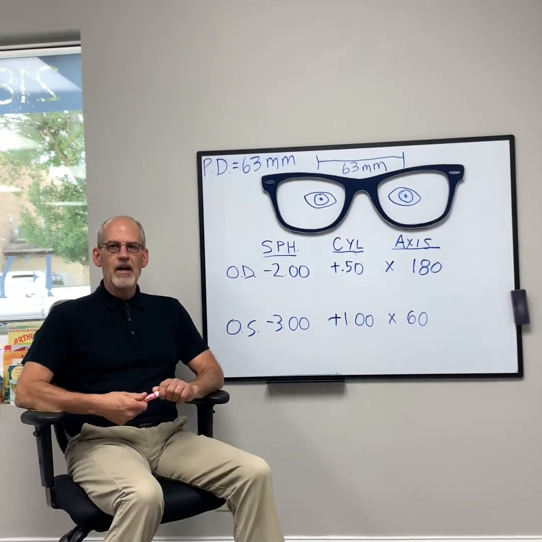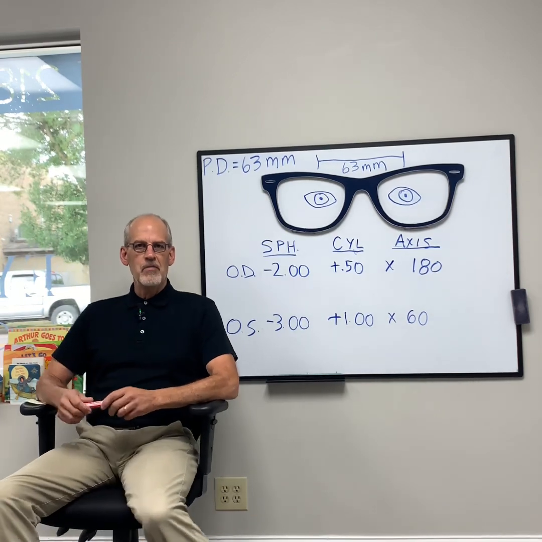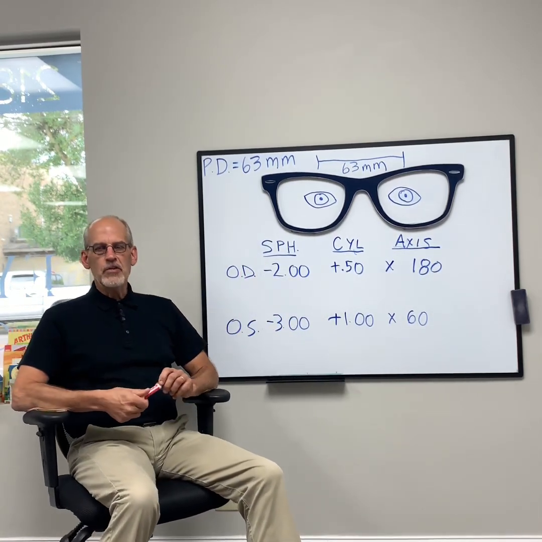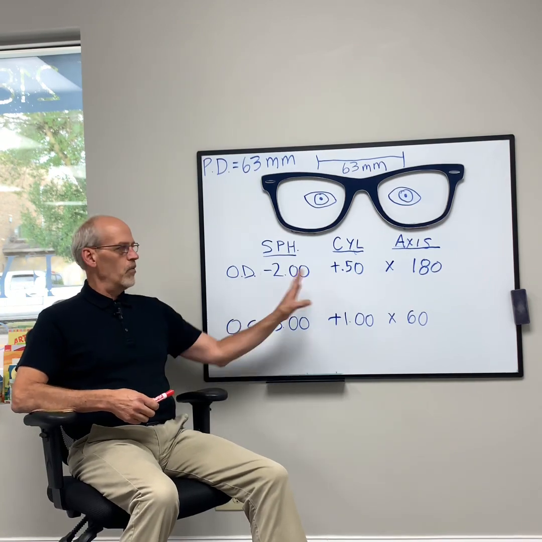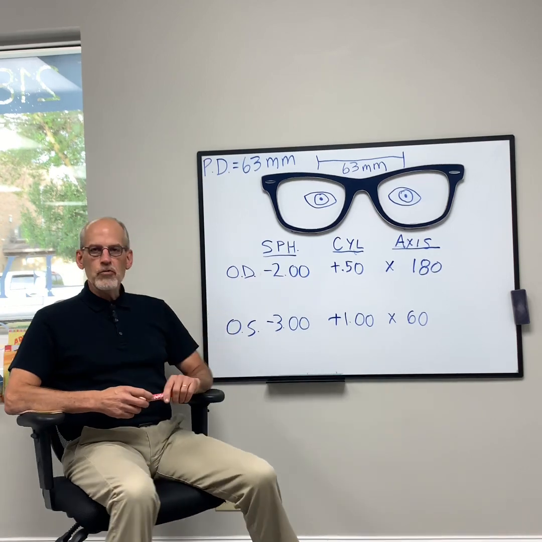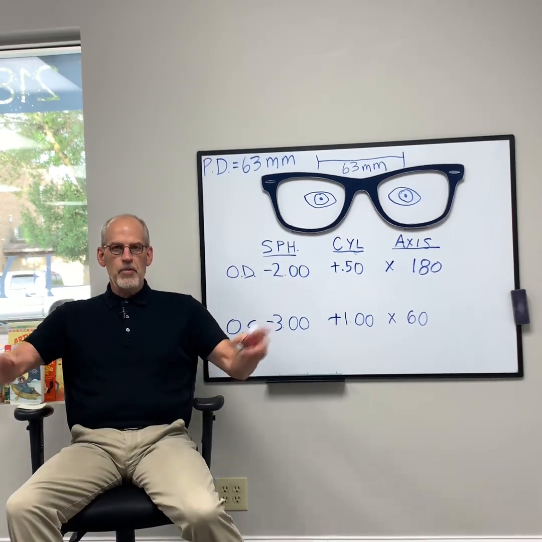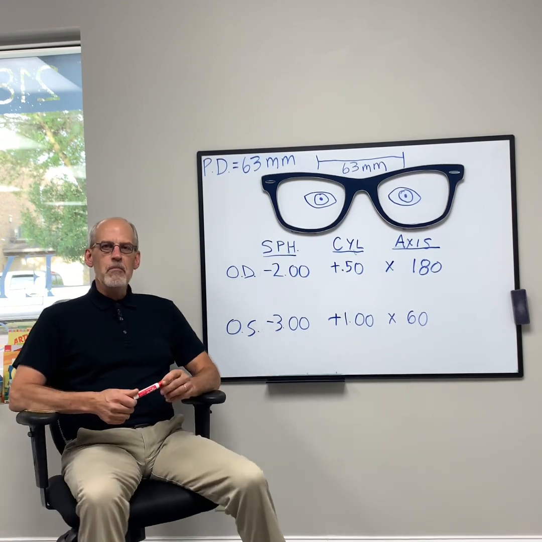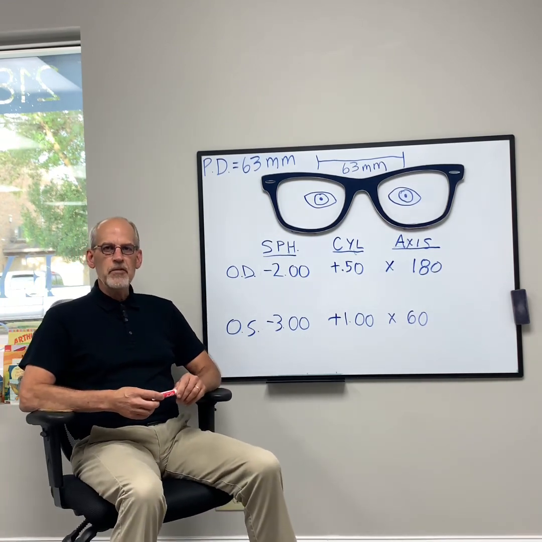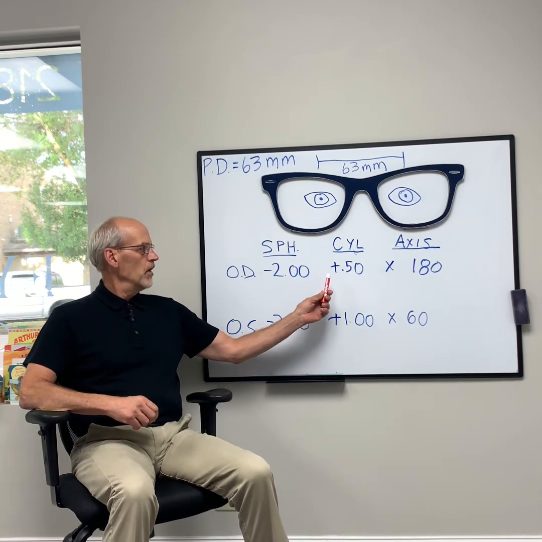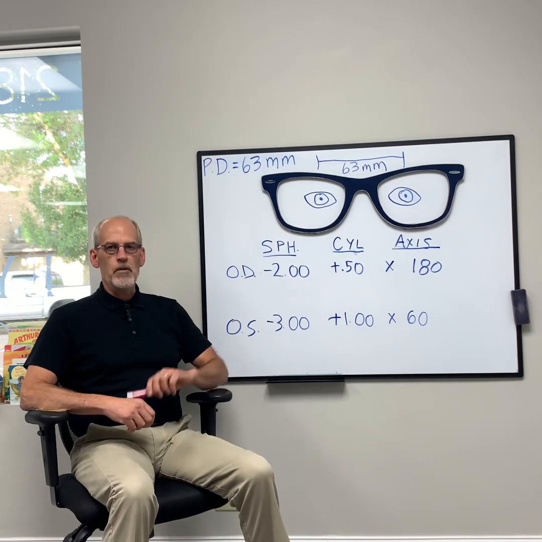A little Thursday morning talk, and we are going to talk about your prescription, how to simplify what all this means. Whenever you go to an eye doctor, they put that machine in front of you. It's called a phoropter, and most of the time, if you see an ophthalmologist, they write your prescription in what's called plus cylinder form.